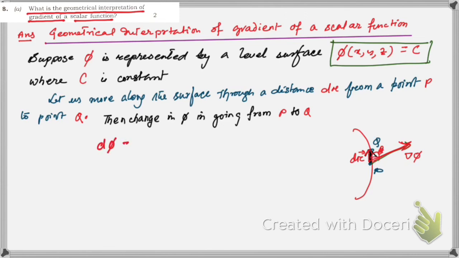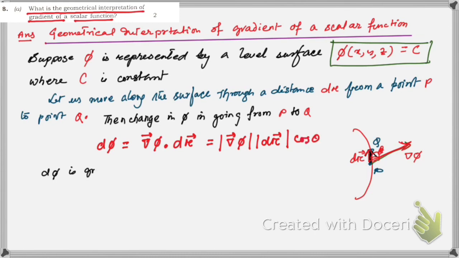So here you see this d phi, that's the derivative of phi, is going to be given by del phi dot dr, which can be written as magnitude of del phi, magnitude of dr, cos theta, right?